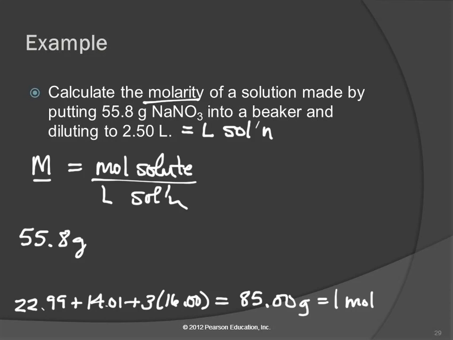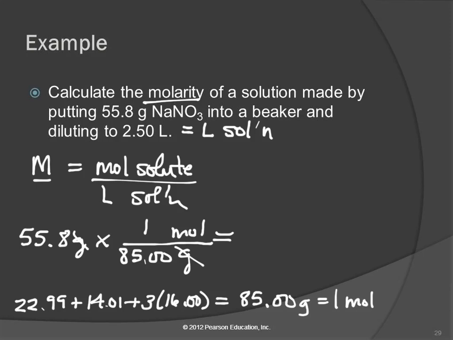So we're going to take this 55.8 grams, and we want to end up with moles, so we're going to divide by grams. We look at this number we just calculated. That is the mass of 1 mole. So 1 mole goes up here, 85.00 goes down there.